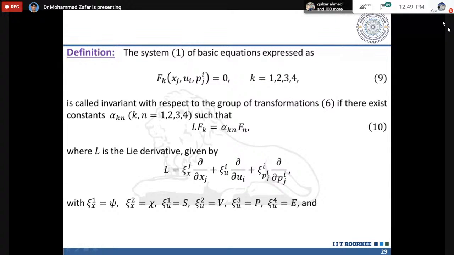The capital L appearing in equation number 10 is the Lie derivative given by this expression: ji x del by del xj plus ji u del by del ui plus ji pij times del by del pij, where ji x1, ji x2 and ji u1 etc. are psi, chi, s and so on to e. Next slide.